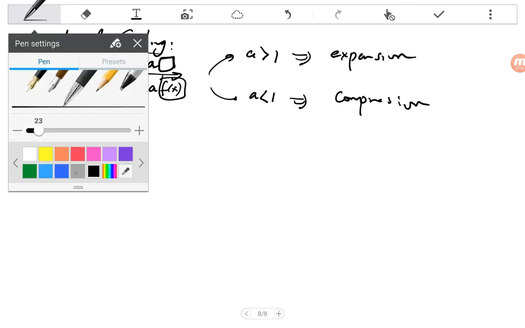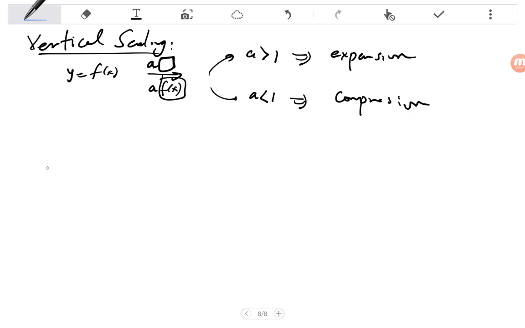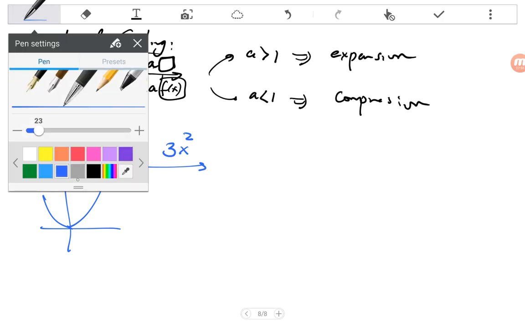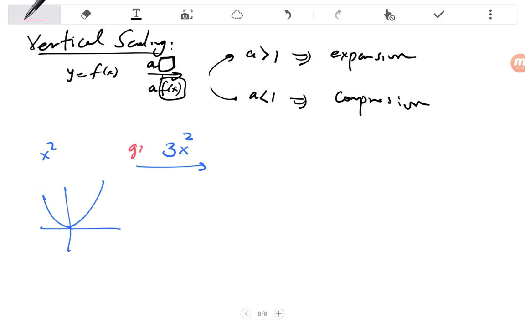So, for example, if I had x squared, which I know its graph like this. Now, if I multiply that x squared by 3, what do you expect the output would be? That is g of x, for example, and that is f of x.